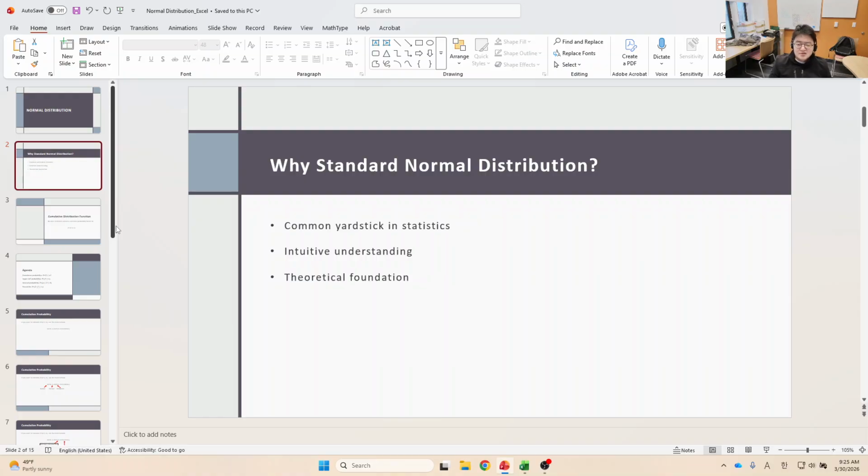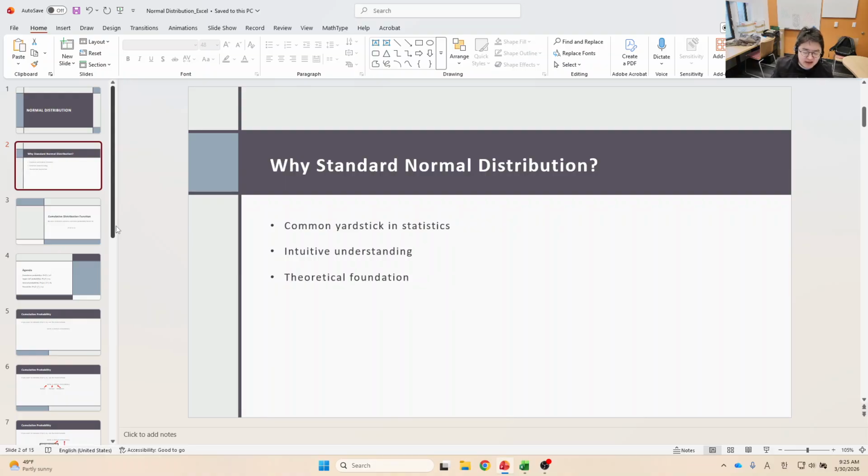And also later, we are going to develop a lot of theories based on standard normal distribution. So we are going to use the standard normal distribution to interpret theoretical outcomes later. So that's why I'm going to show you only the standard normal distribution.